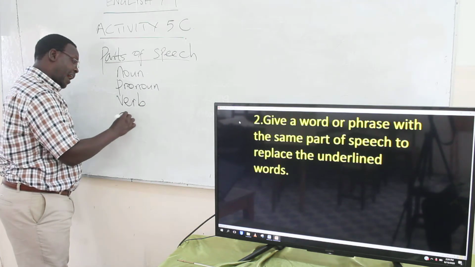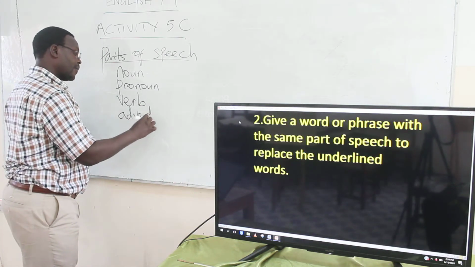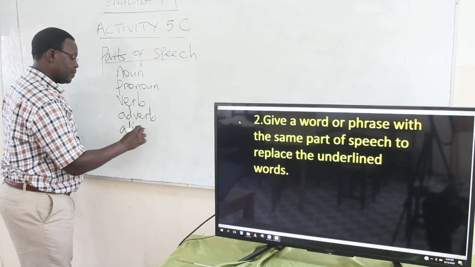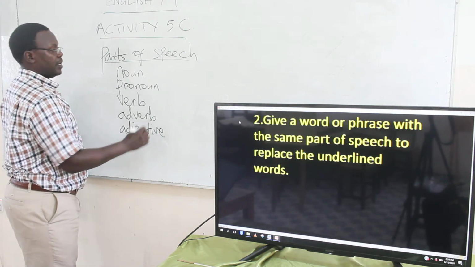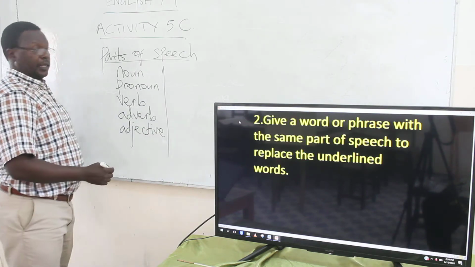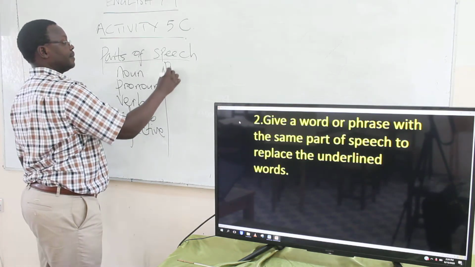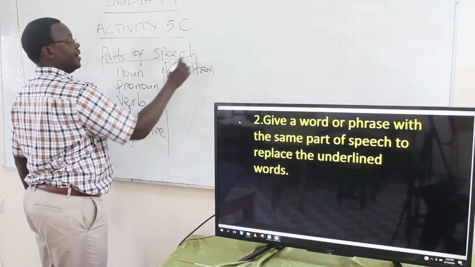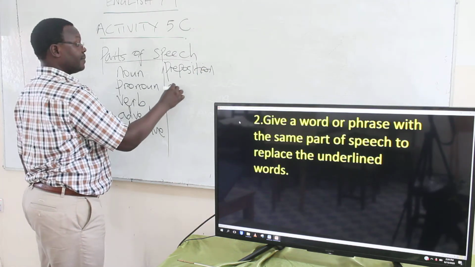Is it an adverb? Is it an adjective? Is it a preposition? Is it an article?